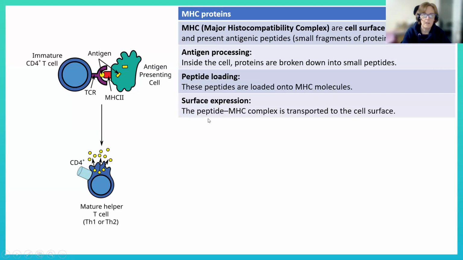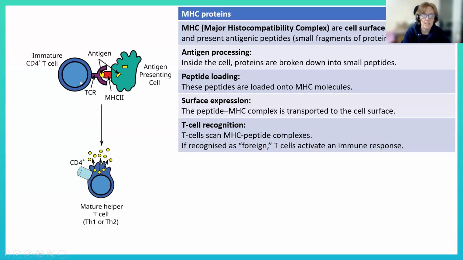Then the peptide and major histocompatibility complex is transported to the cell surface, which is what we've got here. The red bit is basically holding this viral protein in place.